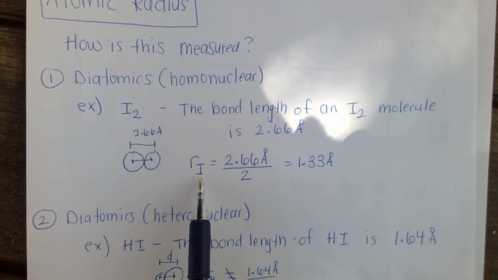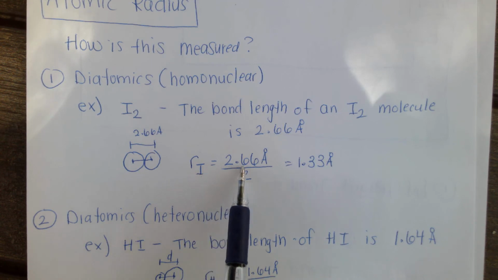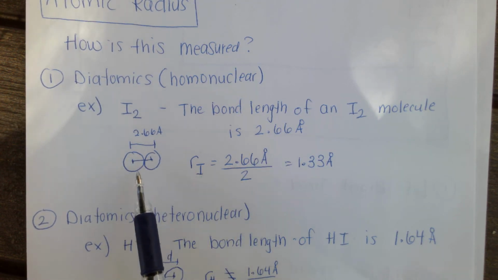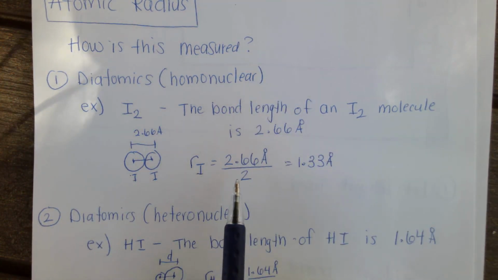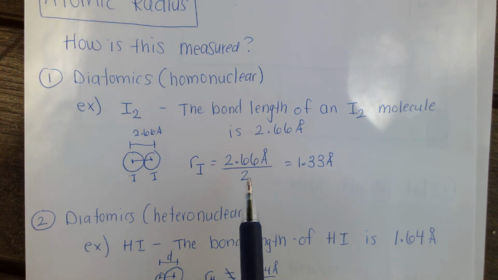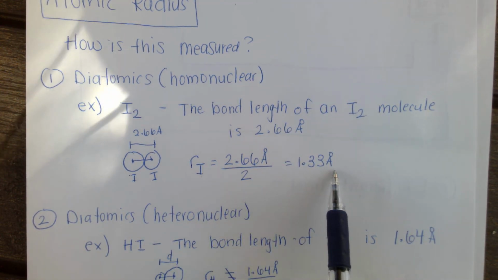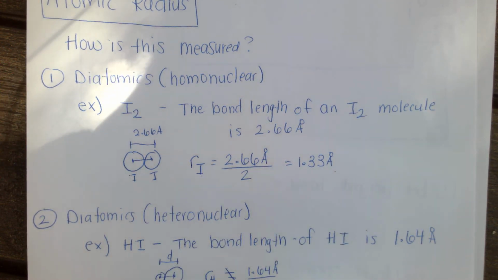To calculate the radius of iodine, we take that distance and divide it by 2, because this is an iodine and this is also an iodine, so they have to have the same bond length because they're the same atom. Dividing by 2, we get 1.33. So that's our bond radius for an iodine atom.